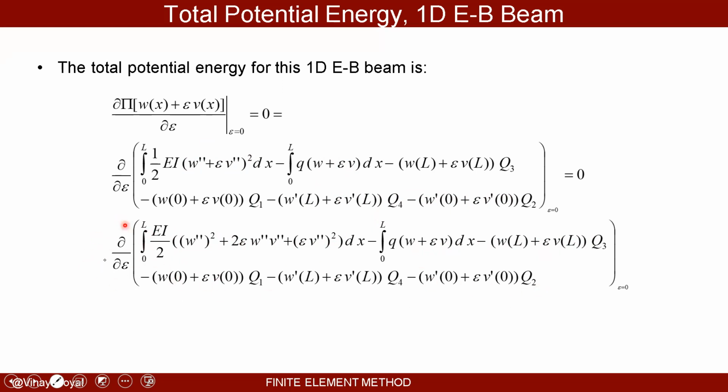And then I take this derivative, which I can do fairly quickly. If I take this derivative, this goes to zero, right? That goes to zero. This becomes one. This becomes 2 epsilon v double prime squared. This goes to zero. This becomes v, so this becomes 1 here.